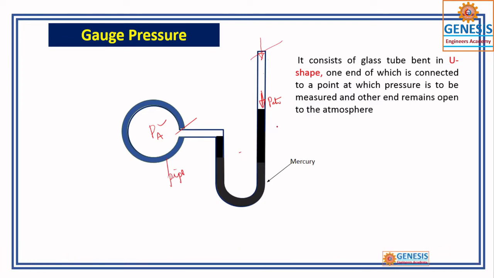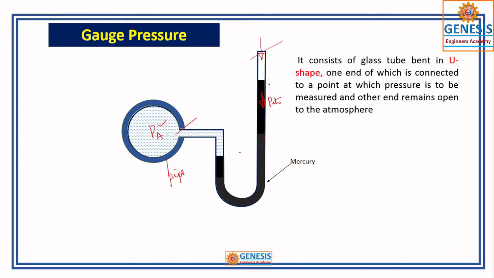Okay, now the mercury column rises up. You might have observed this. The pressure of the fluid inside the pipe pushes the mercury, and the mercury level is raised.